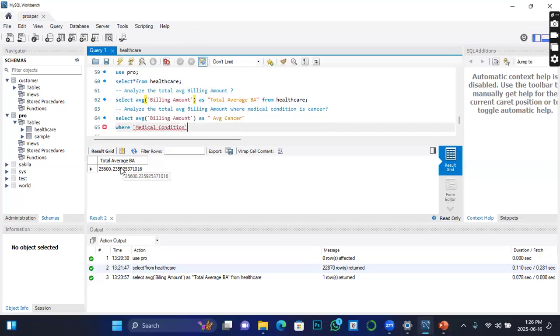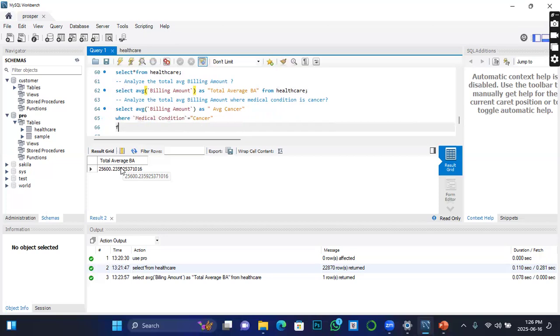Where medical condition is equal to cancer, is this a capital letter? Okay. Then from healthcare data. So there's an error.